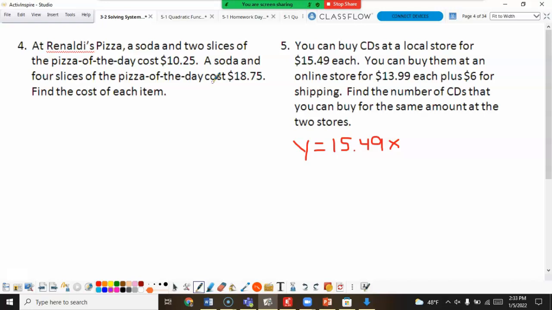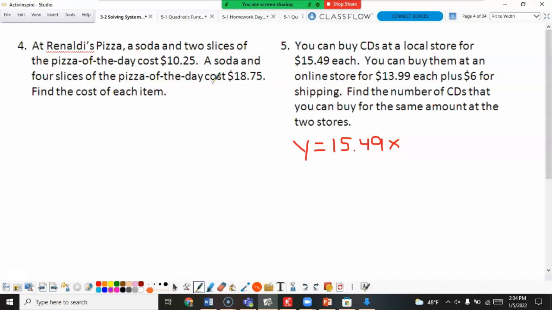But then $4.25 times 2 is $9.50. $8.50. You good? Do you all believe me? Oh, I didn't hear you say never mind, sorry.